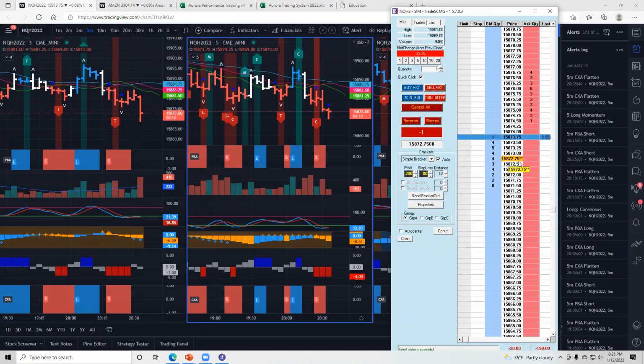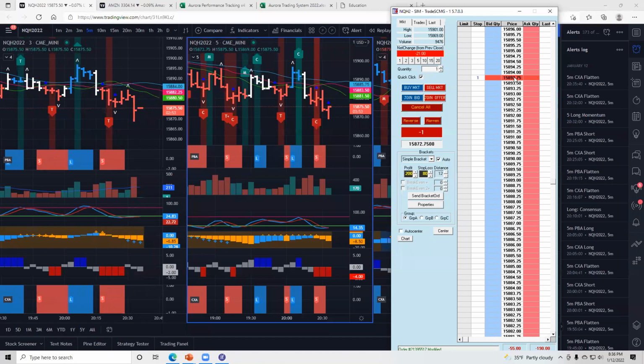And let's just say I got filled 1 point off of bar open, which means the bar open would be 73.75. I can scroll up my dome and place my stop at 20 points off the bar open, which is 93.75. So in this case, if I lose, I might end up losing 21 points.